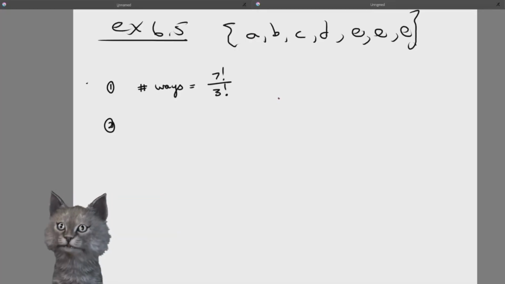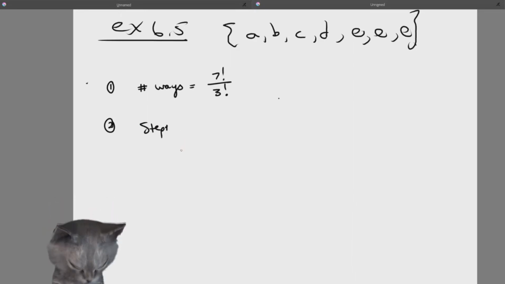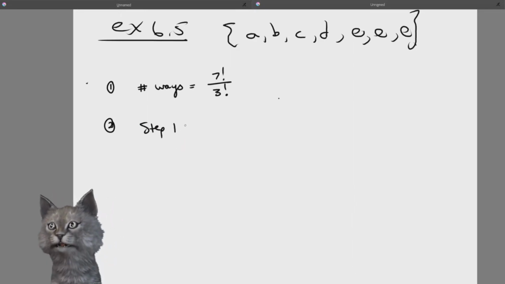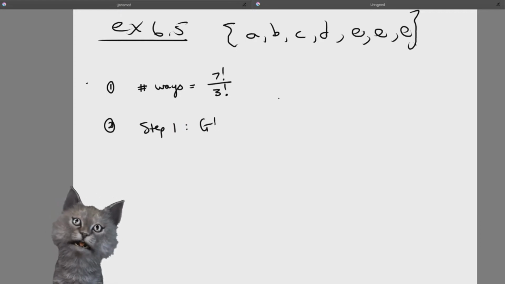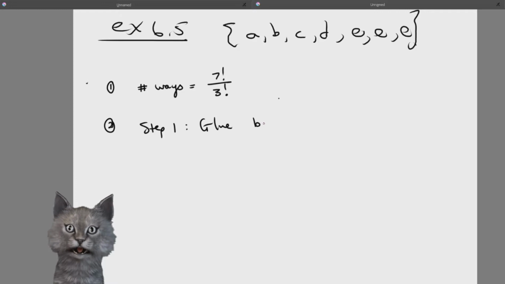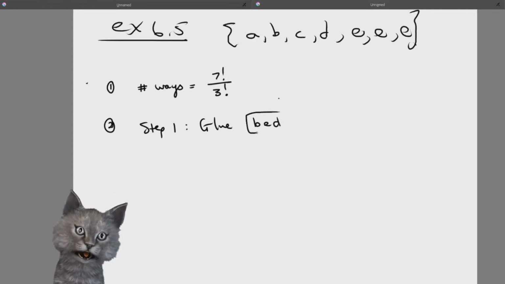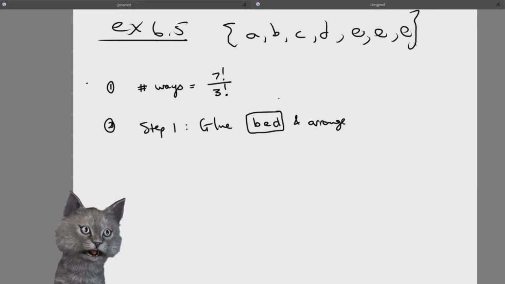Alright, let's do it. So what are my steps for keeping things together? Oops, there was supposed to be a 1, not an S. Glue. What am I gonna glue? I'm gonna glue B, E, and D all together and arrange.